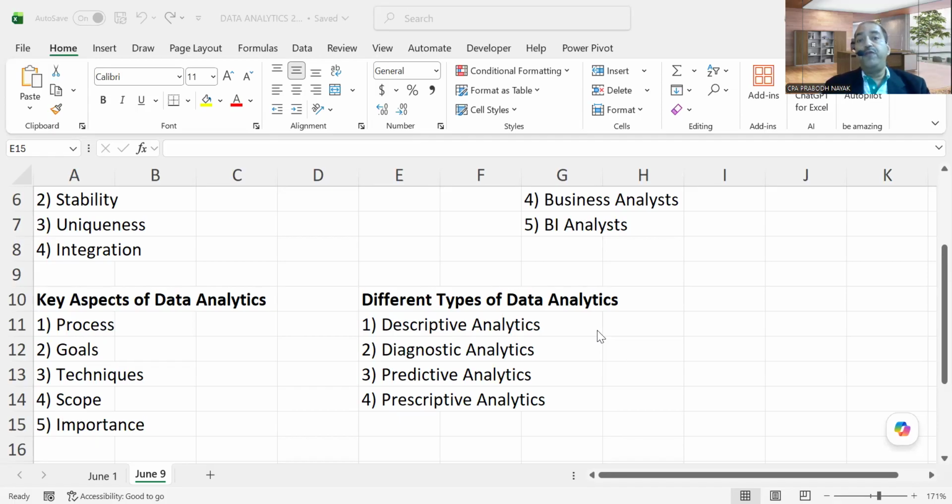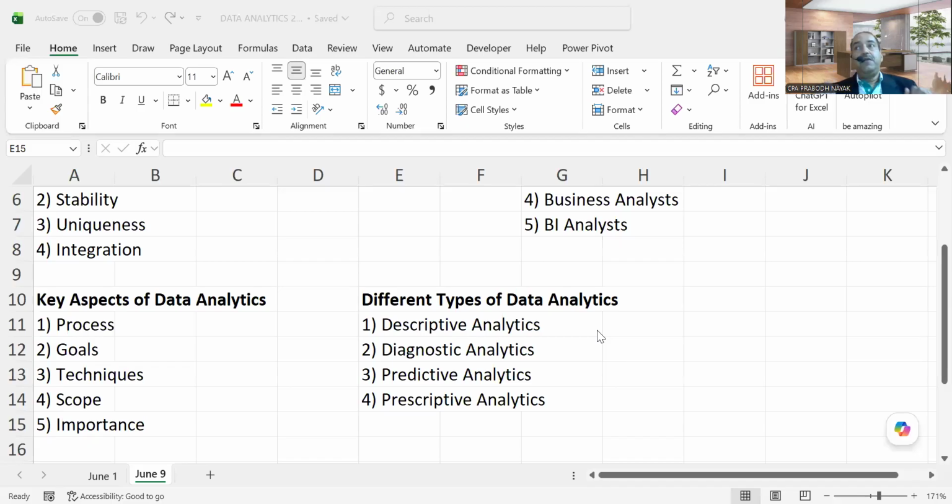What will happen in the future? What next? 2020, 2021, we were affected by pandemic. What next? Will this recur again? What are the chances of this recurring? That is predictive analytics.